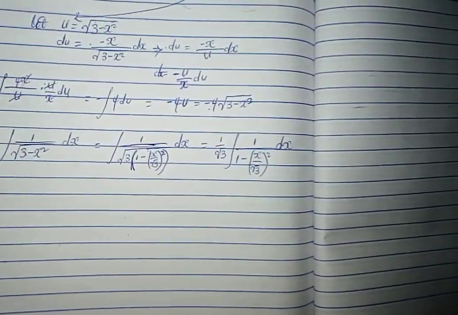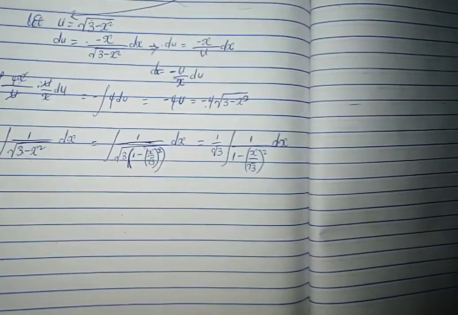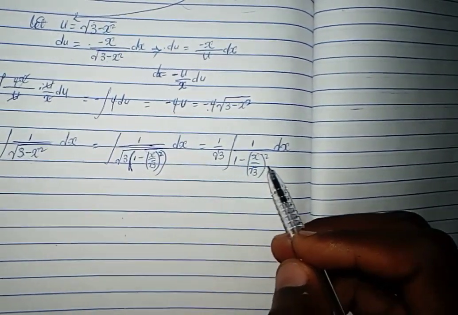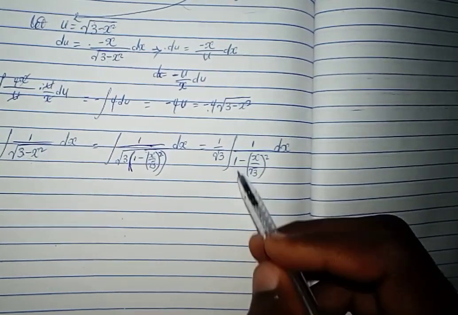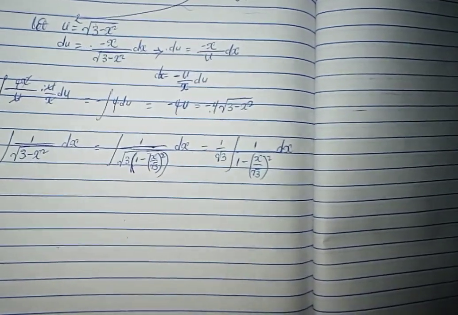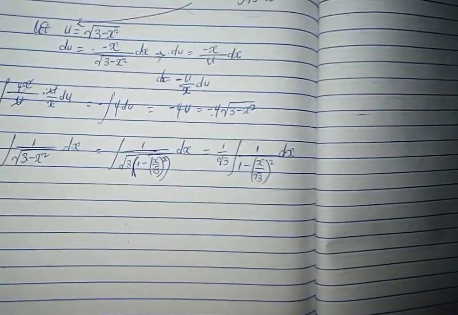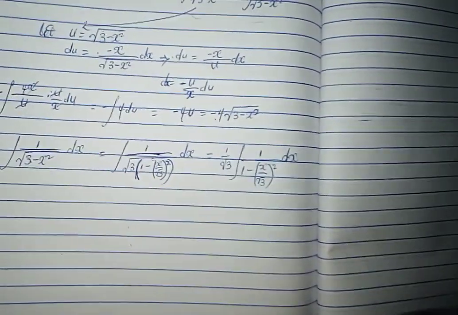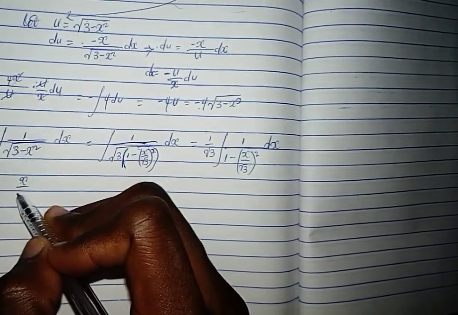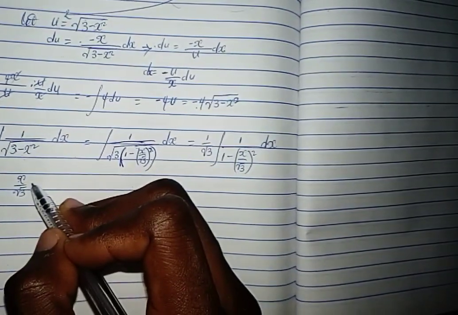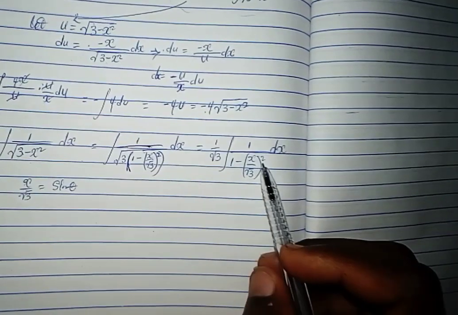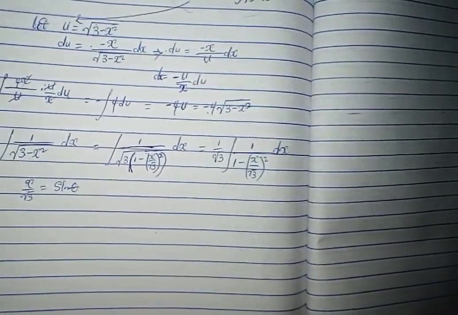Now from here, because this actually looks like what we know from trig, we know that 1 minus sine squared theta is equal to cos squared theta. So we can change the whole of this to sine theta by saying x over the square root of 3 is equal to sine theta, so as to make the whole of this bottom equal to cos theta.